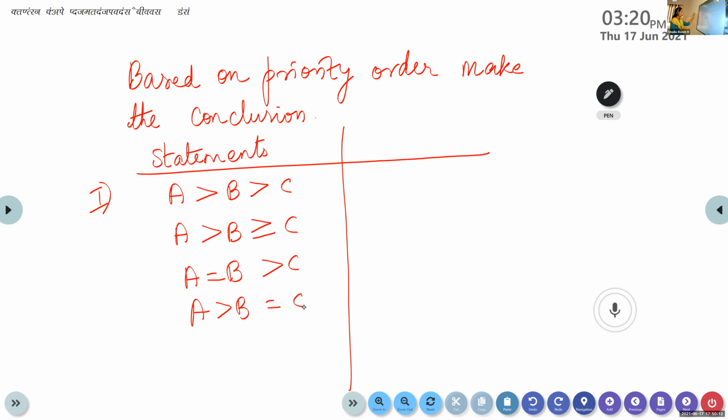So look at the first statement. We have greater than, isn't it? We are using the inequality sign greater than. A is greater than B greater than C. Look at the second case. We have greater than and greater than or equal to. So which one will be giving the first priority?